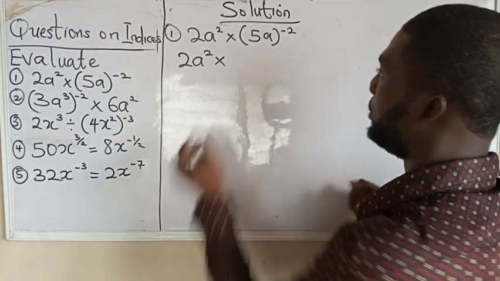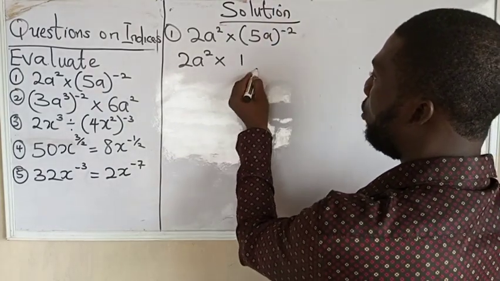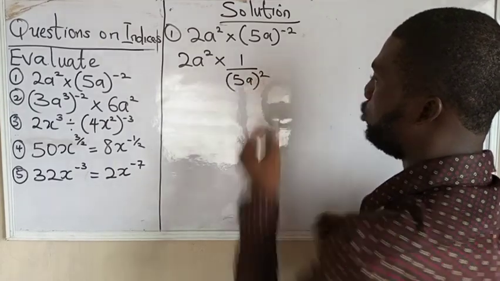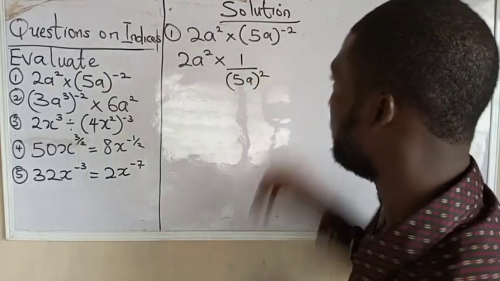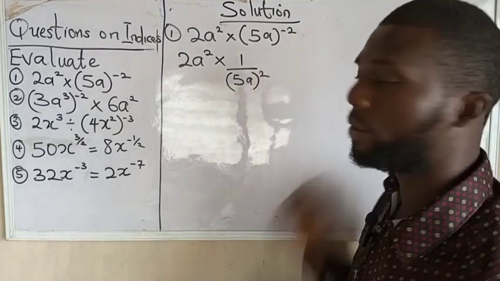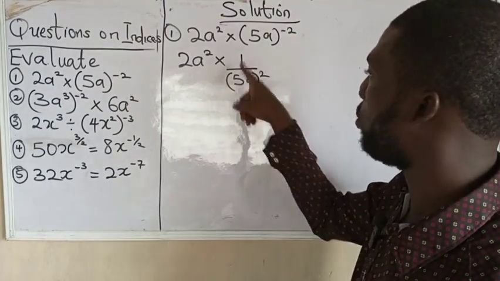So in this case, I will say times 1 over (5a)^2. So what have I done here? I have succeeded in making this negative positive by making it 1 over.